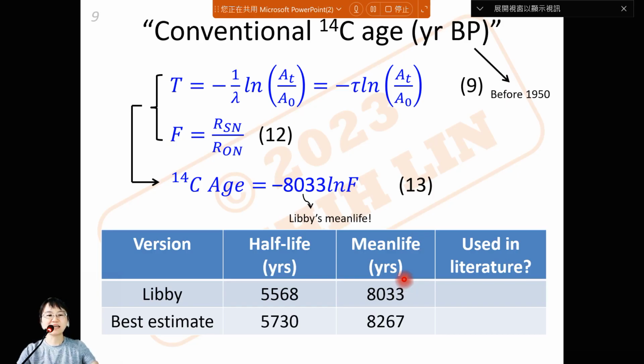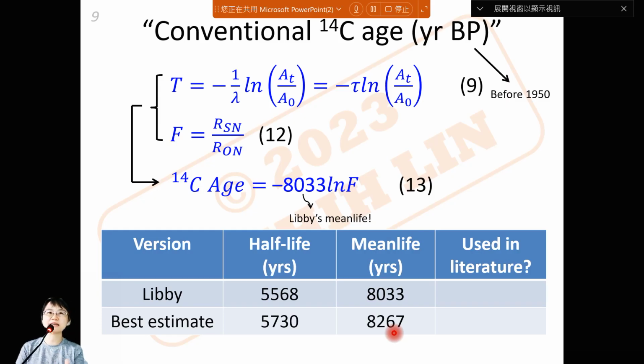The thing is, the mean life we use is 8,033 years instead of 8,267 years, because this value was reported by Libby, who made substantial contribution to radiocarbon chemistry. This value was a revised value after many, many years of C14 application. Between Libby's mean life and the best estimate, several decades have passed.